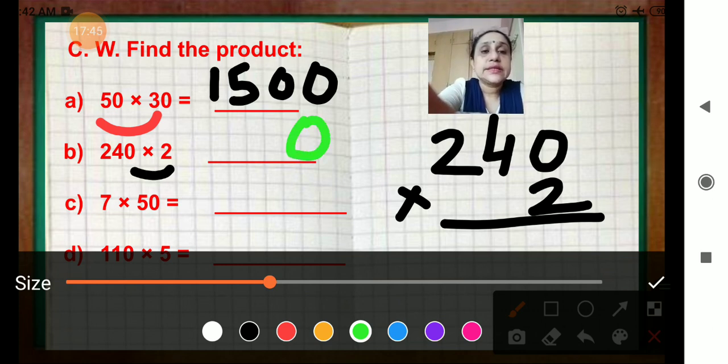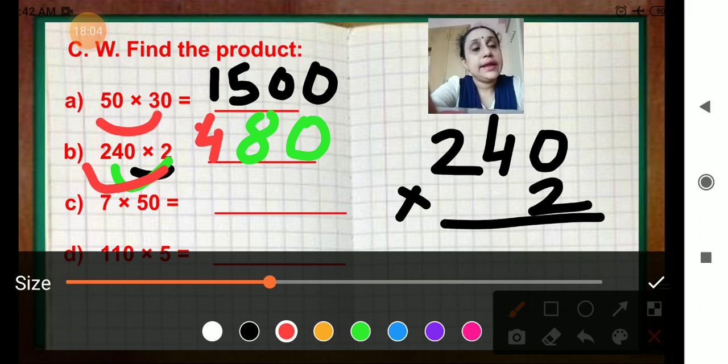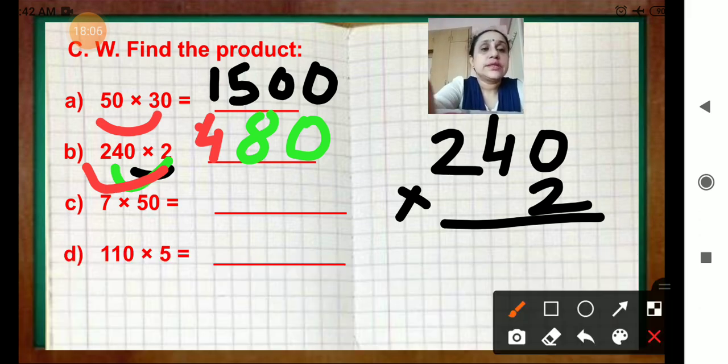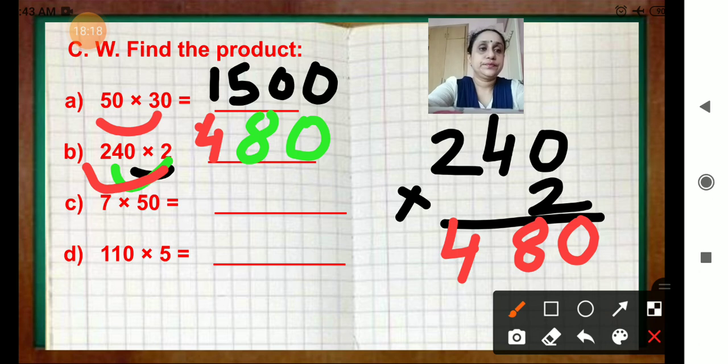Now, what will be the next one? You have to do this. 2 fours are, okay, how much? 8. And now, again this 2 twos are 4. 480. You can do it horizontally like this. Now see here also vertically 2 zeros are 0, 2 fours are 8 and 2 twos are 4. Understood?